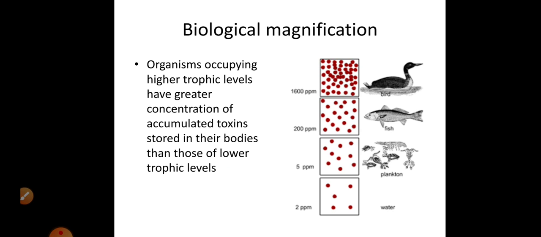For example, plankton have less biological magnification than fish, than hawks for example, because while they are consuming, the amount of toxins stored in their body is more than in producers.